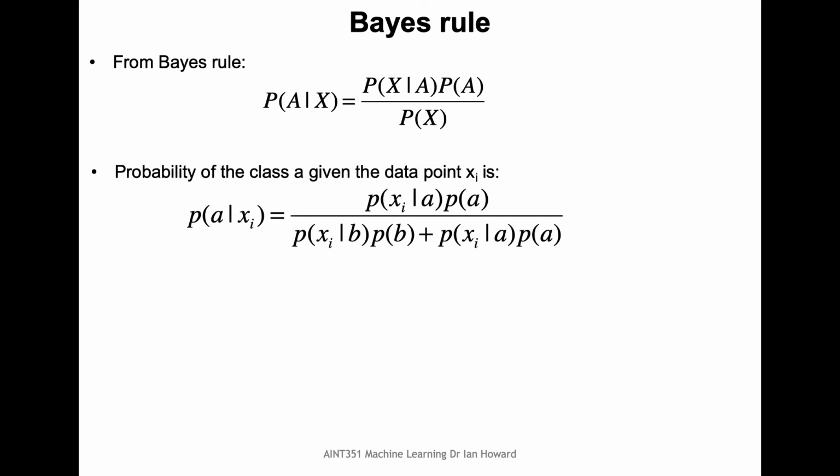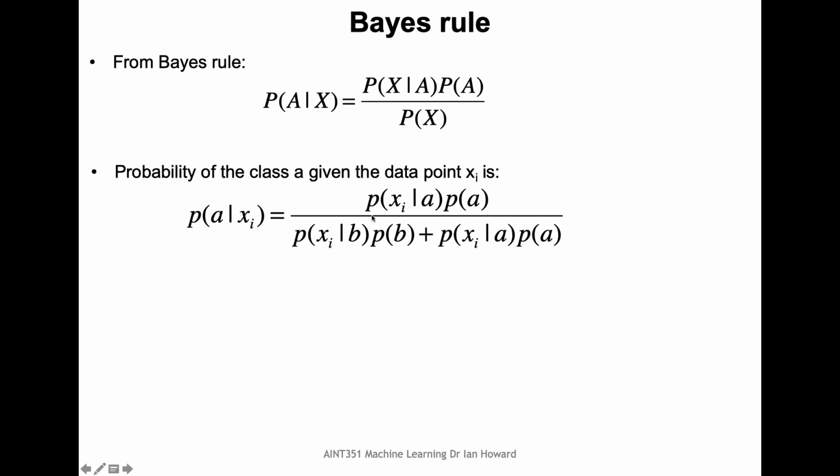Using the substitutions of the things we've just talked about in terms of A and B, we can substitute in: the probability of A given the data equals the probability of X given A times the probability of A. And at the bottom, rather than writing the probability of the data, the probability of X, we expand it out like we did previously in terms of terms that we've actually got in the numerator as well.